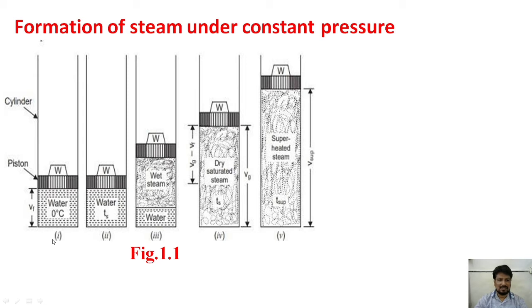In the first figure, it is a piston cylinder arrangement, which contains 1 kg of mass of water at 0 degree centigrade.